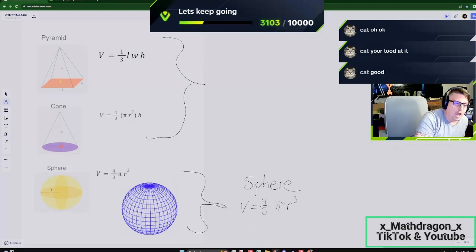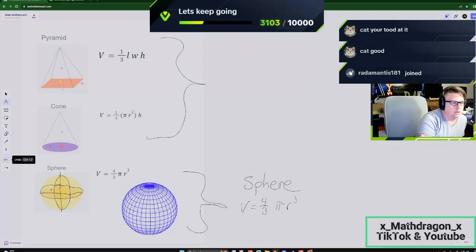But here's one thing to think about with the sphere. You have a 3-dimensional figure. Like we have an X, we've got a Y, and we've got the Z. We're trying to get all of the different dimensions in there. So the reason that this is a third is because of that third dimension.